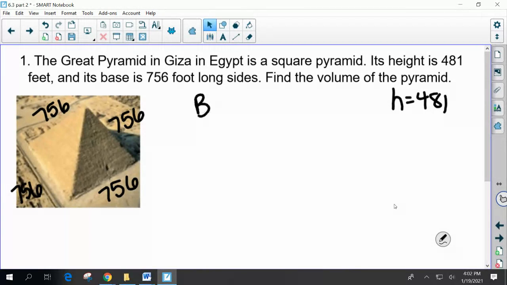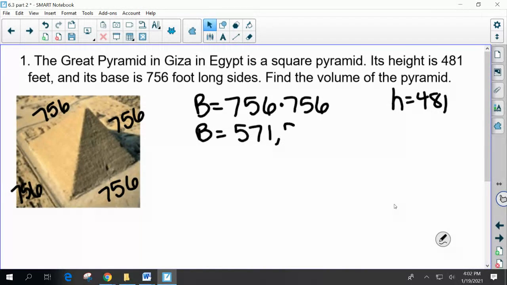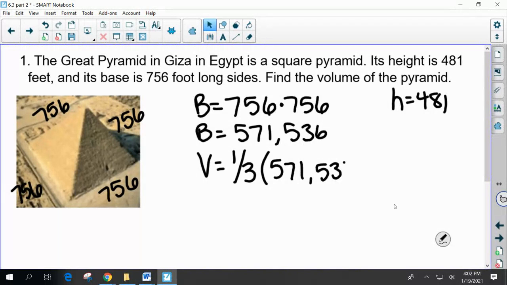So capital B, area of the base, is length times width. So 756 times 756, and that would equal 571,536. And then for the volume, I need to take 1/3 times 571,536 times 481, which is the height.